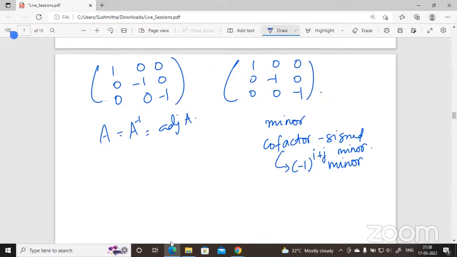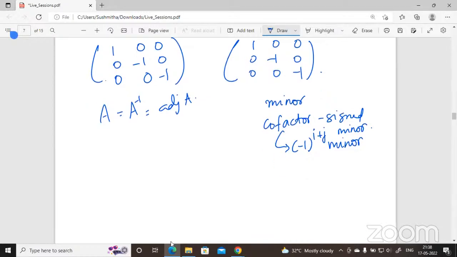And what about in a 2 by 2 matrix? Can you write a matrix? Sorry, 4, minus 3, 6 and 5.